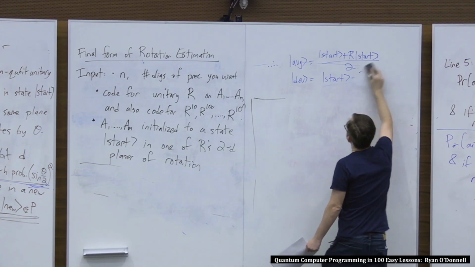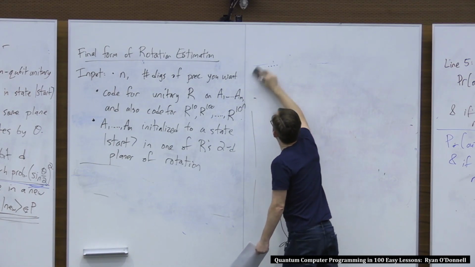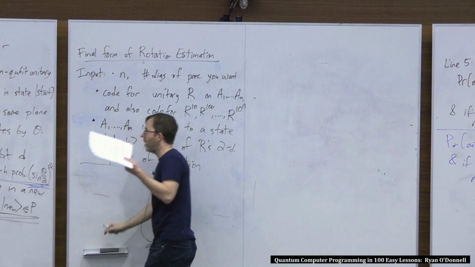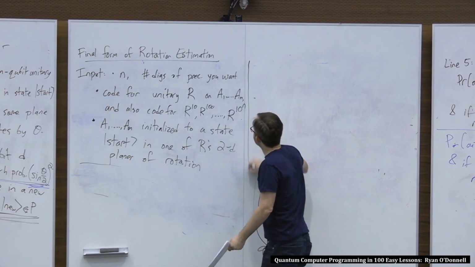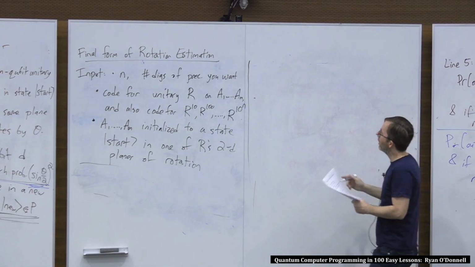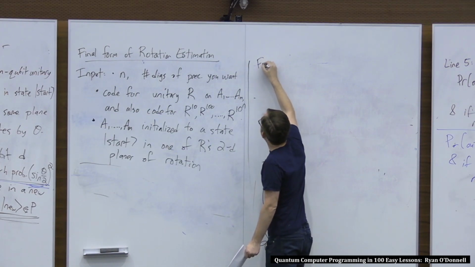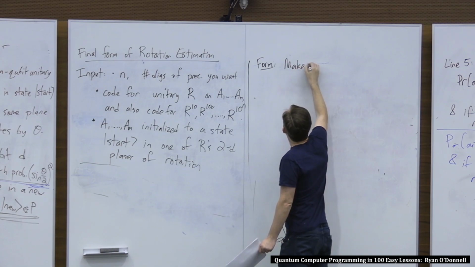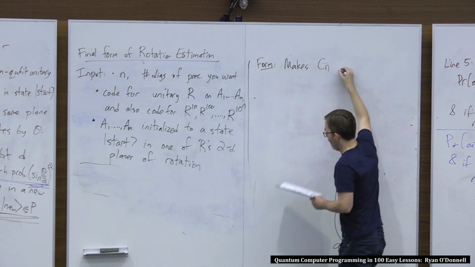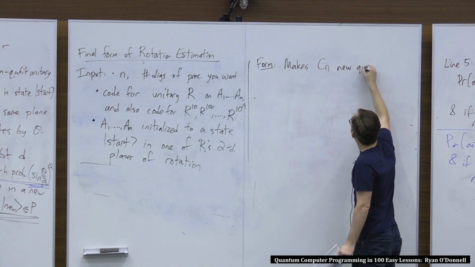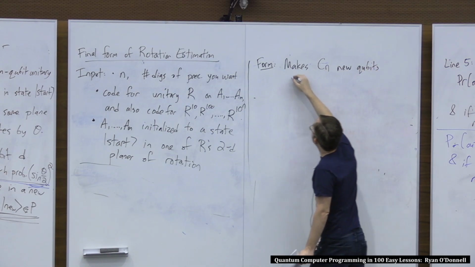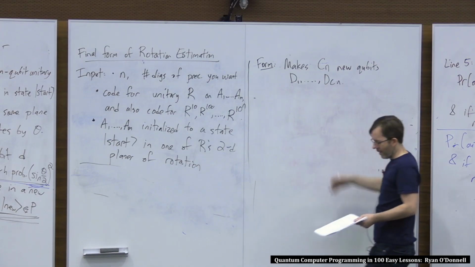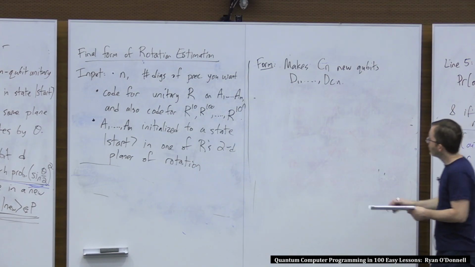Then I want to remember something about the form of the algorithm. This is what we talked about in the first 20 minutes of class, when I said you can reorganize the code so it makes all its qubits, then does all its unitaries, then does all its measurements, then processes the result. So the form of the algorithm is that it makes C times n new qubits D1 through DCn, where C is some big constant like 100,000.